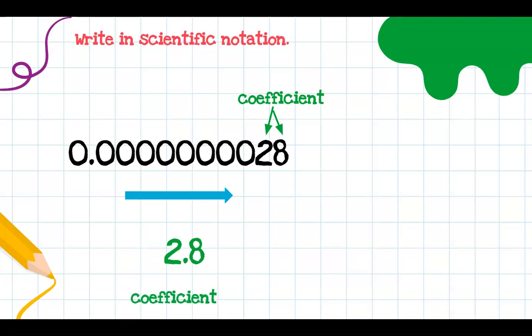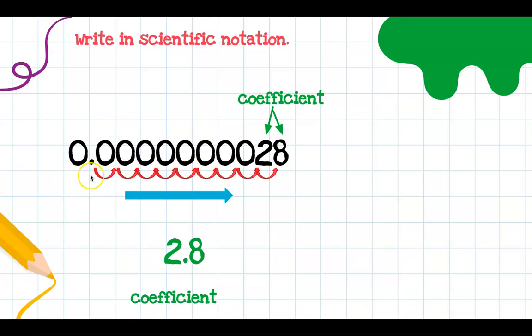Now, from the original location of the decimal point at the left, the back one, we need to count the number of places until it reaches between 2 and 8. So let's figure it out: 1, 2, 3, 4, 5, 6, 7, 8, 9.